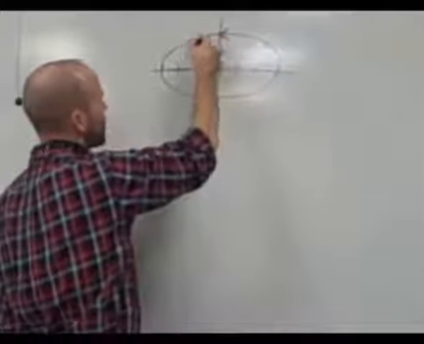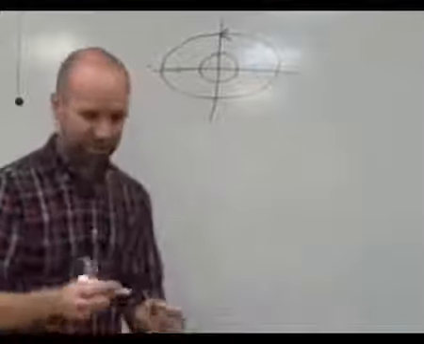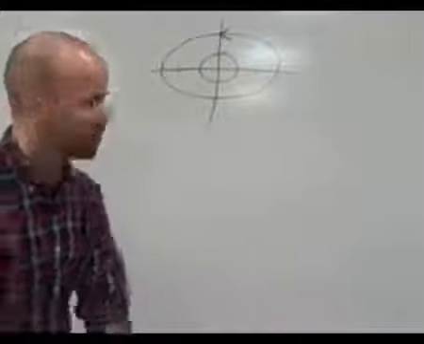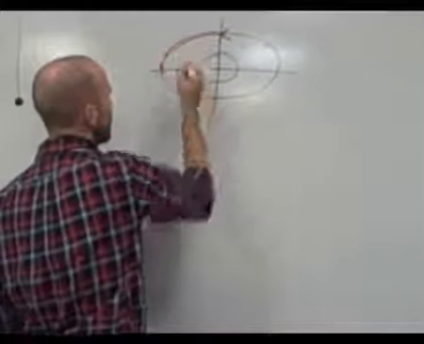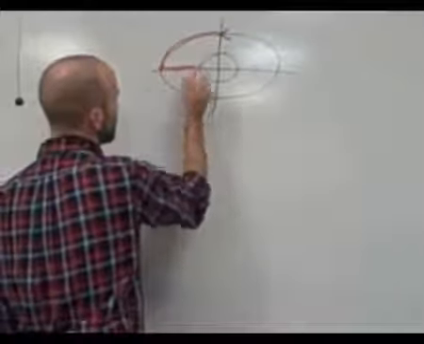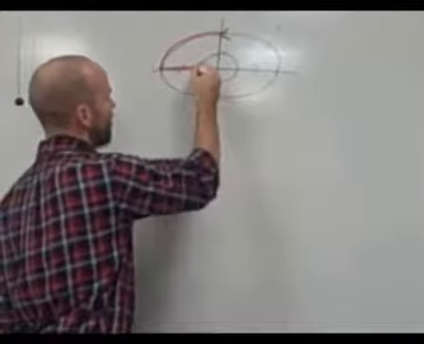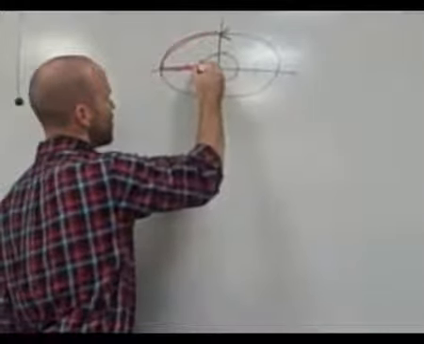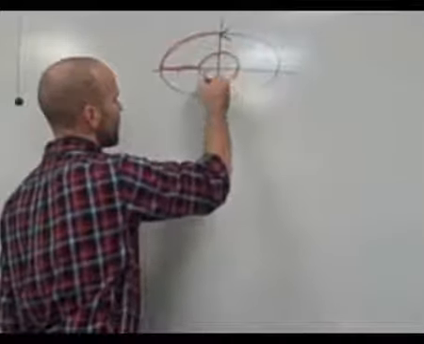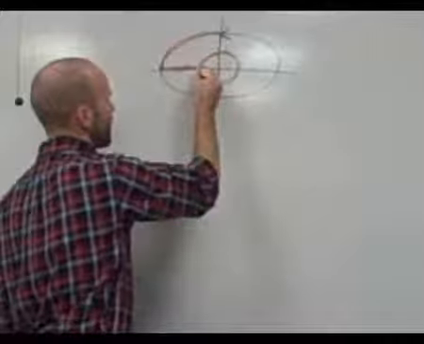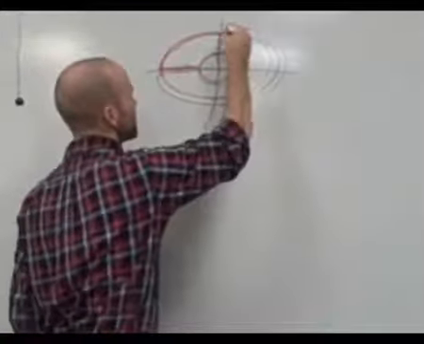If I'm walking around the curve this way, what I can do is introduce, let me do this in another color so you can see it a little bit better, I'm going to walk this way, and then I'm going to introduce a new curve that goes this way. And then I'm going to go around the circle this way. I'm going to come back this way and then finish around the ellipse this way.